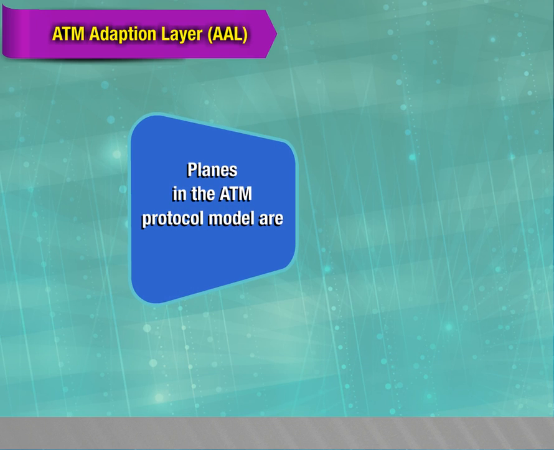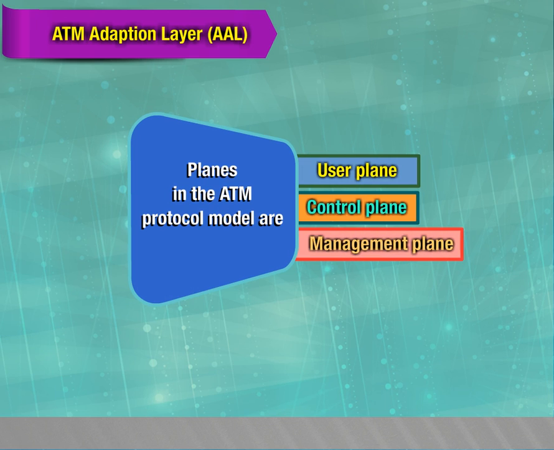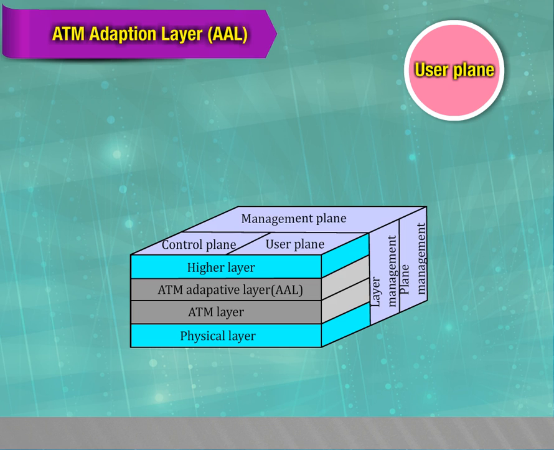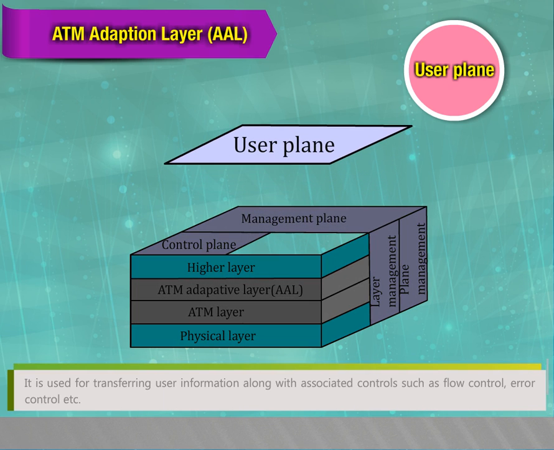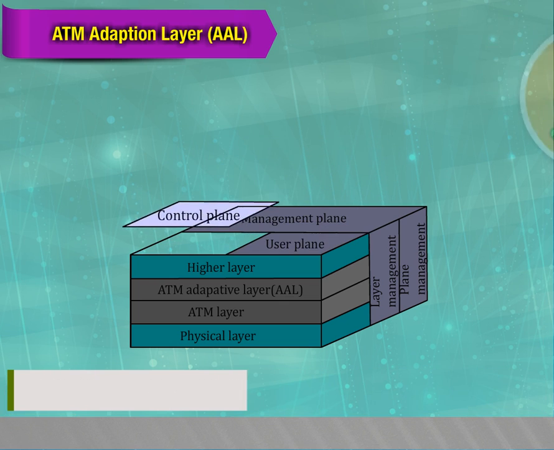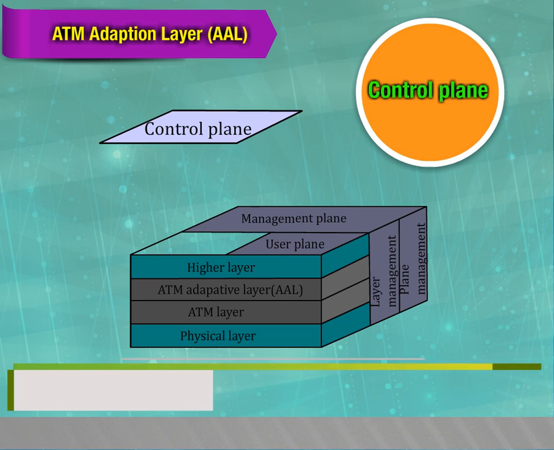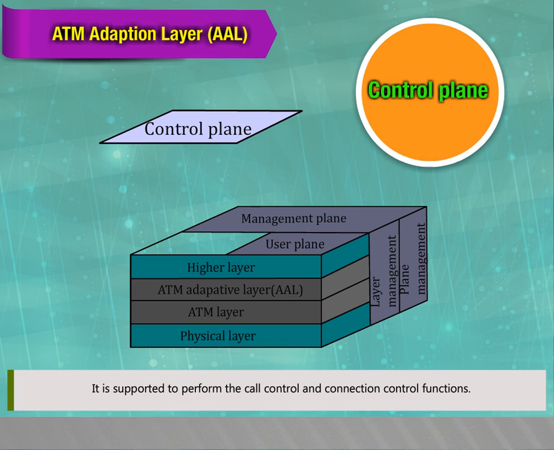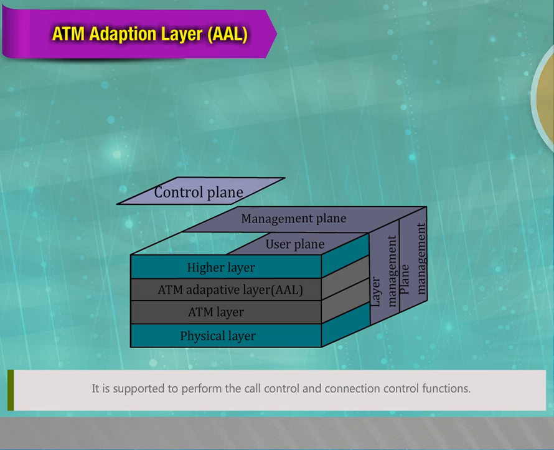Planes in the ATM protocol model are user plane, control plane, and management plane. User plane. It is used for transferring user information along with associated controls such as flow control, error control, etc. Control plane. It is supported to perform the call control and connection control functions.